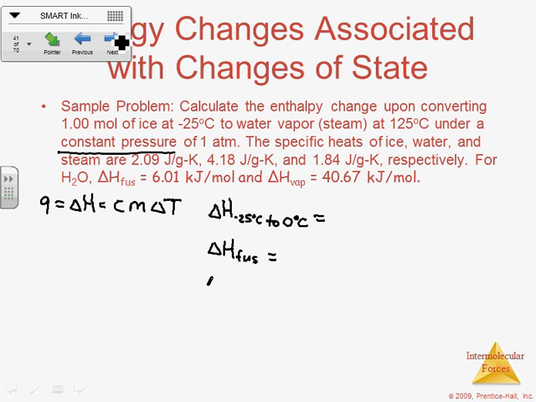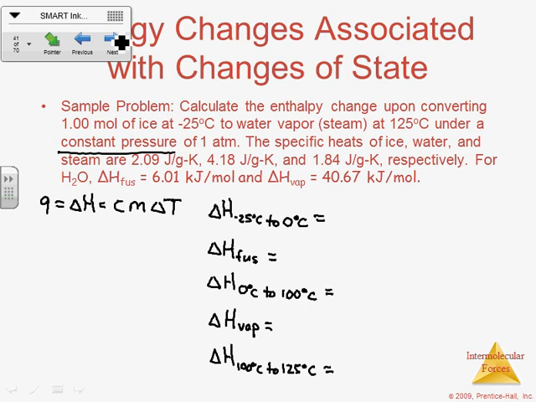Then, once it's melted, we have to calculate the delta H to go from 0 degrees Celsius to 100 degrees Celsius. Once we're at 100, we have to vaporize it, change it to a gas, so that's going to take some energy. And then, once it's a gas, we also have to use some energy to get it from 100 up to 125. So we need to calculate all of these different delta H's and then basically add them together at the end.